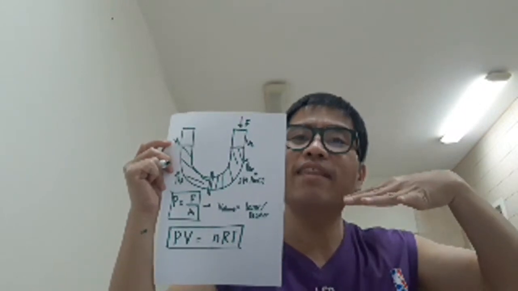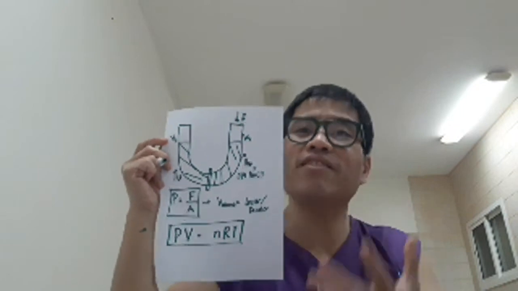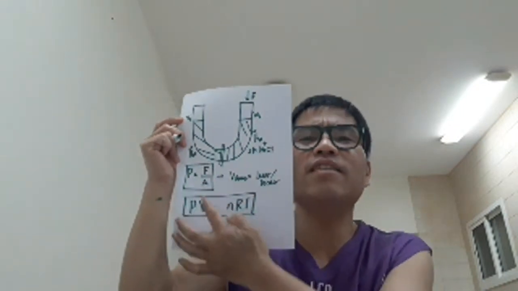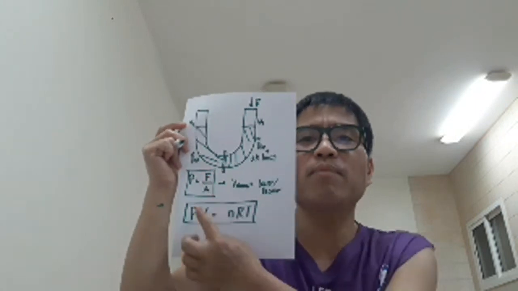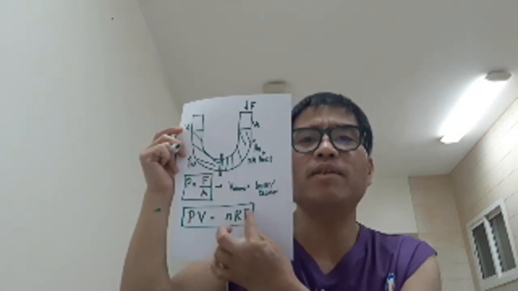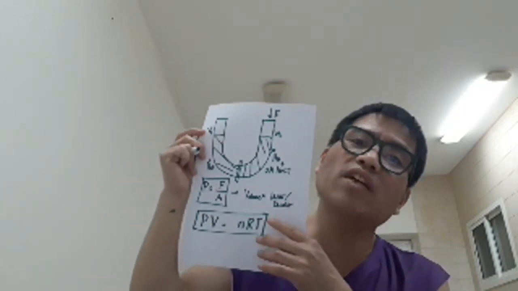Now we let this volume be equal, which means we assume the volume remains constant. Now divide the equation PV = nRT by V on both sides. PV divided by V and nRT divided by V, because we assume V to be equal or remain constant in this principle.